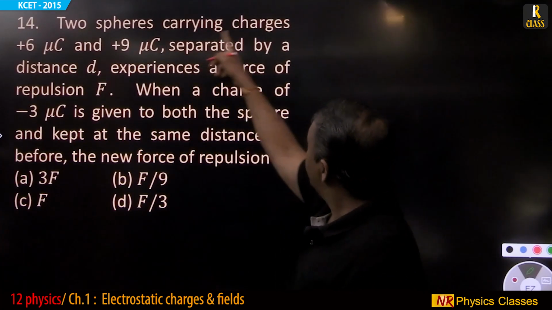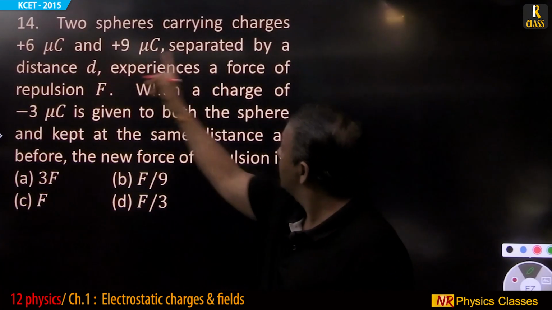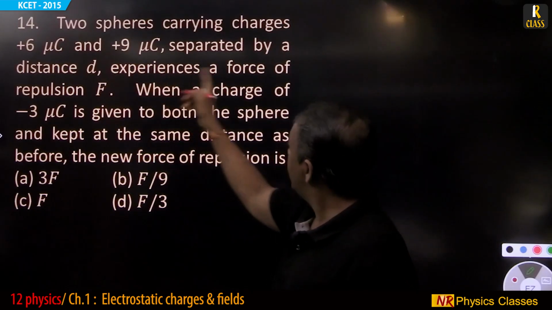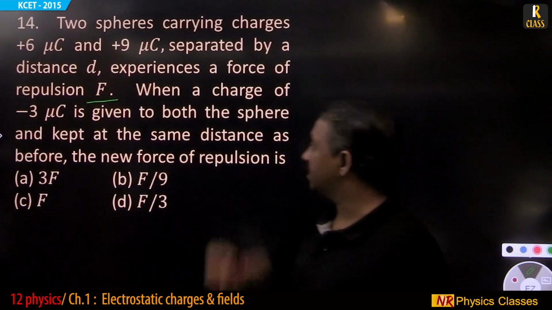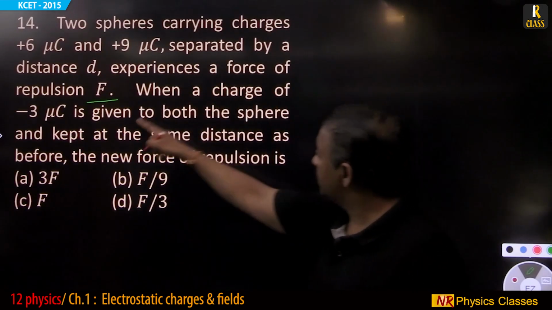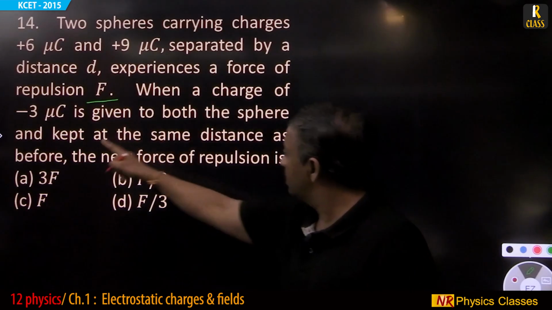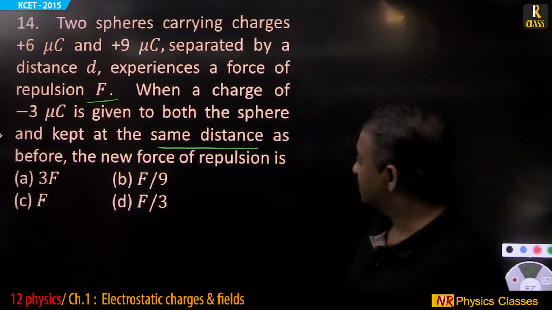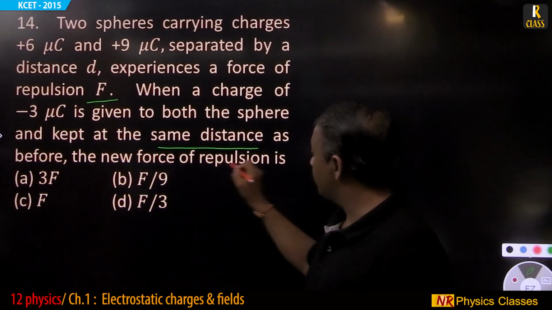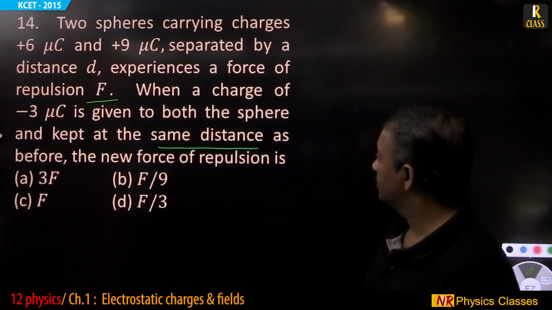Two spheres carrying charges separated by distance experience a force of repulsion, plus and plus. When a charge is given to both the spheres and kept at the same distance as before, the new force of repulsion is?